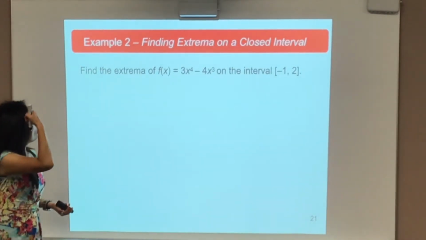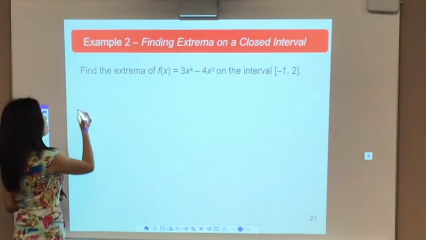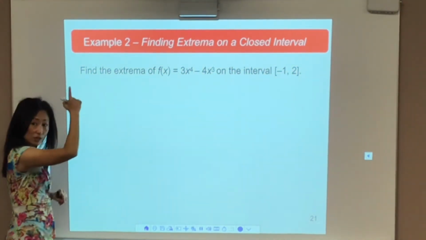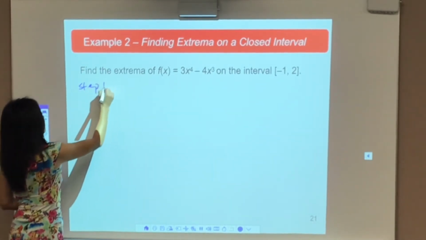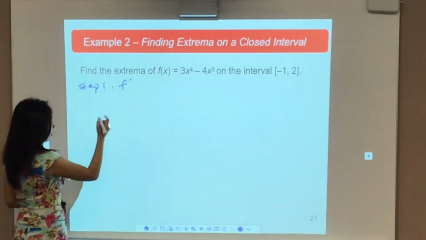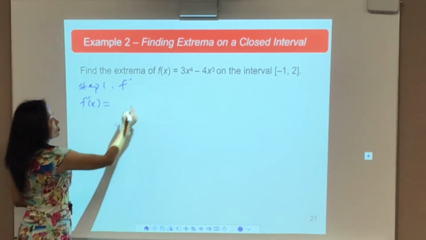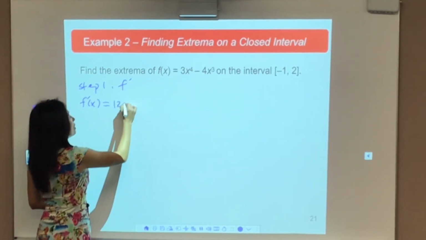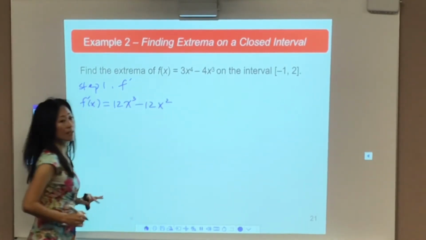All right. So find the extrema of f of x equals 3x to the 4th minus 4x to the 3rd. So they're asking you to find this. What's the step they said? Take the first derivative first. So step 1, I get f prime. What's my f prime? 3 times 4, 12x to the third, minus 12x squared.